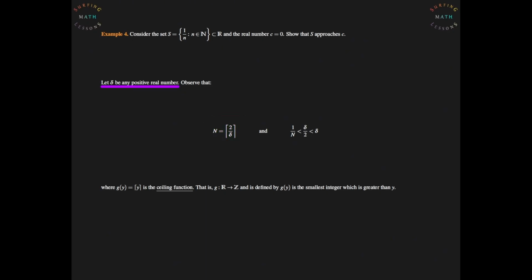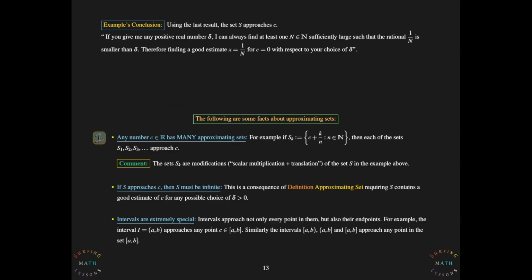Let us now explore some facts about approximating sets. First, a limit point has many approximating sets. For example, the sets S1, S2, S3, and so on all approach the point C. Second, an approximating set must be infinite.